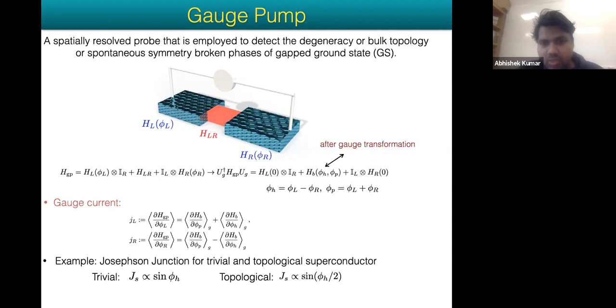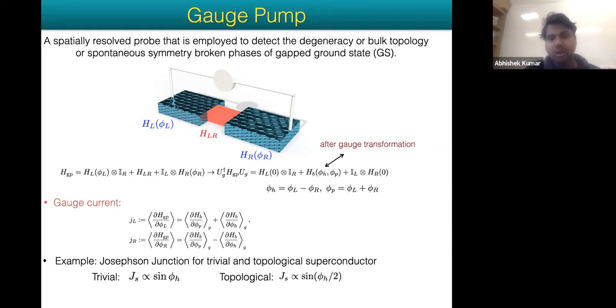If the two superconductors are trivial, then we get a 2π periodicity in the phase difference. If the superconductor is topological, then we get a 4π periodicity in the phase difference.